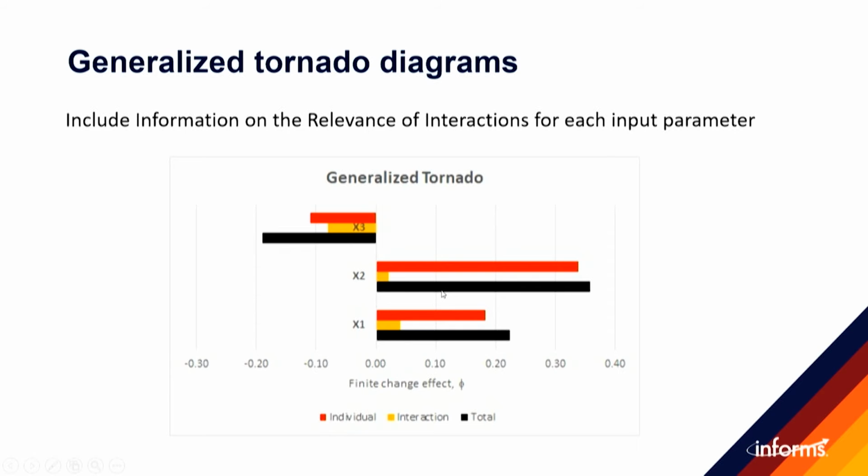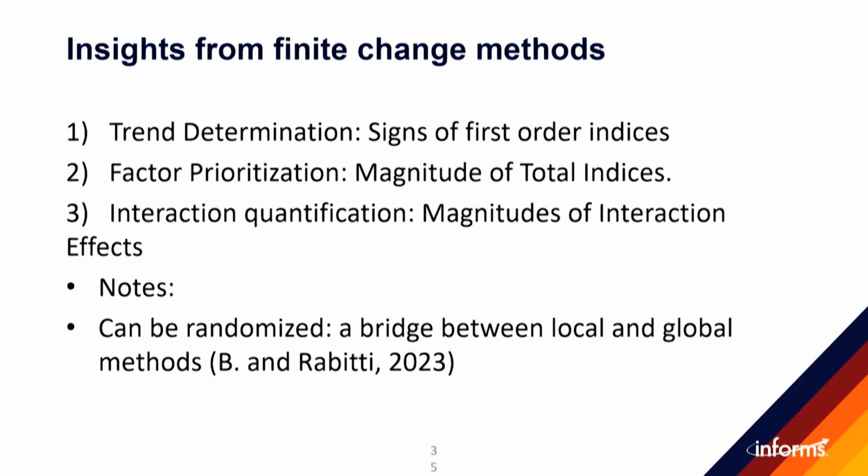But I also see a positive direction, which means that for this particular change that I have considered, x2 has a positive effect, the same as x1, and x3 has instead a negative effect, which confirms all the analysis that we have done up to now. So we can get a trend determination or direction of impact, what is the most important, and we can quantify the relevance of interactions and their sign.